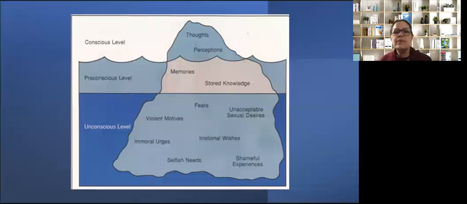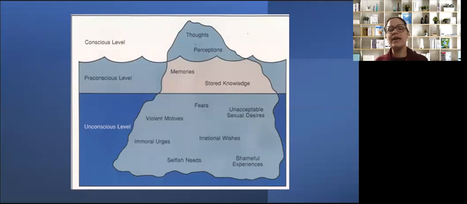So here's just an image to show you each of the levels that he's talking about. At the top, you have the conscious level. That's where he's talking about current, in-the-moment thoughts and perceptions. You have then the preconscious level, which is stored but easily retrievable knowledge or memories.